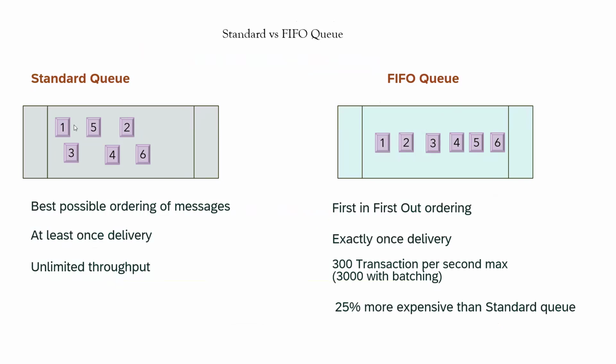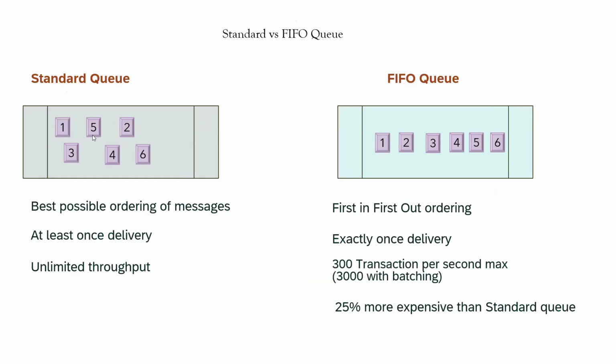If there are multiple messages stored in the queue, it's not necessary that it will give the messages to the polling service, the service which is processing these message objects, on a sequential basis. When the processing service polls the queue, it can get object 5, object 4, object 3 to process.